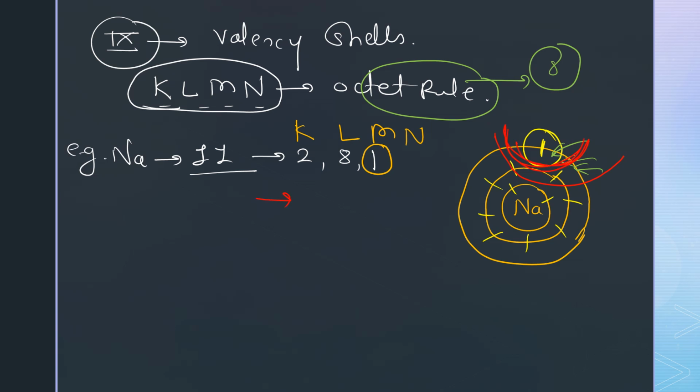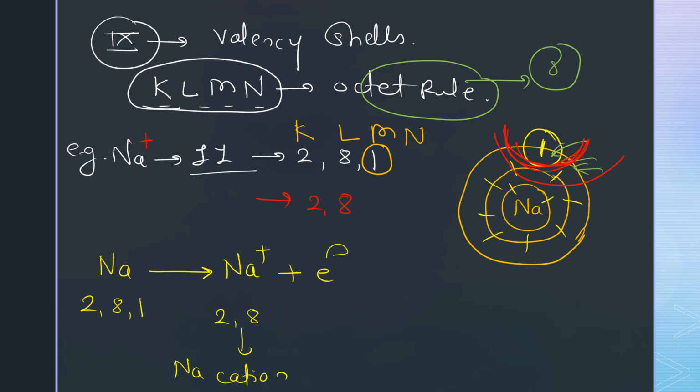We can write this as Na, which has the electronic configuration 2, 8, 1. By losing one electron it will become Na plus, with the electronic configuration like this, and this is called the sodium cation. How many electrons you lose, that many plus signs you will get.